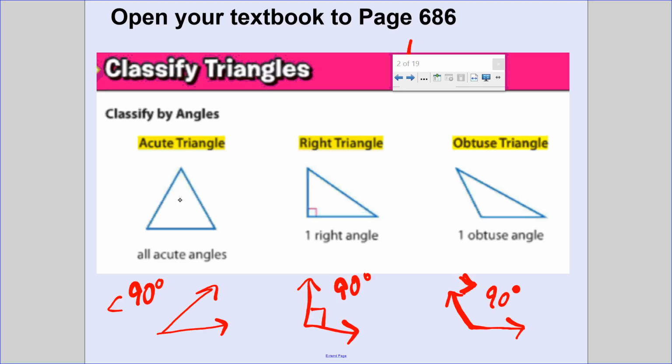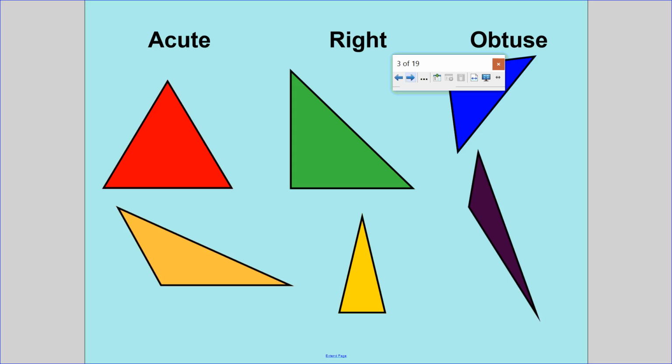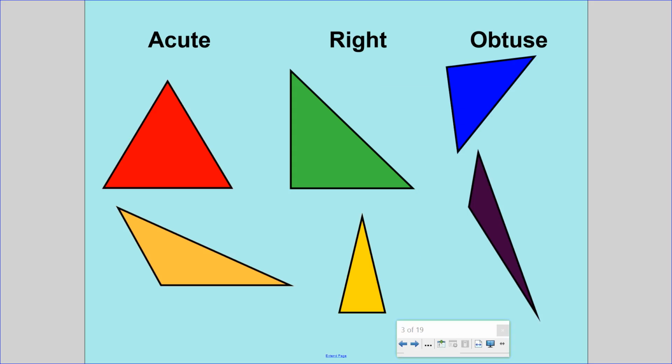If you look at this, all the angles are acute angles. If you look at this, you see a right angle, so it's a right triangle. And here you see an obtuse angle, hence it is an obtuse triangle. So we know this is exactly 90 degrees. We know this number has to be less than 90, and we know this number has to be more than 90. So I would like you to classify these.